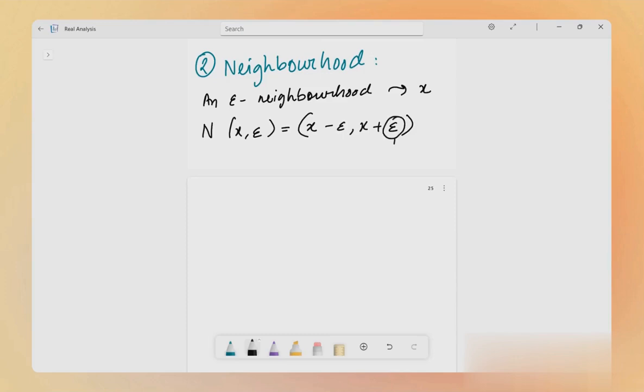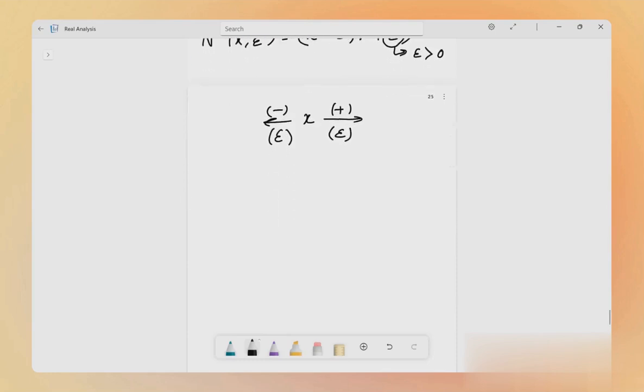Now what do you get from here? This epsilon is greater than 0 first, and this is an open interval centered at x, where first we are subtracting, then we are adding to x, right? It contains all the points within epsilon distance from x.